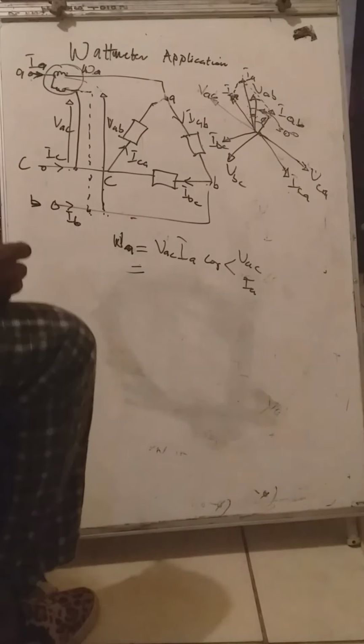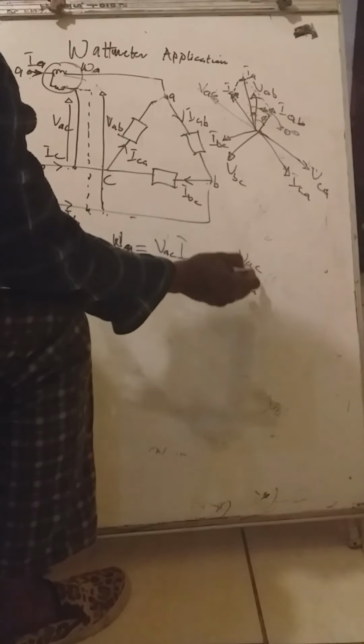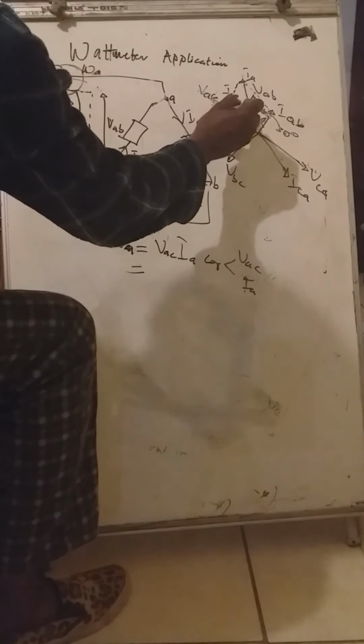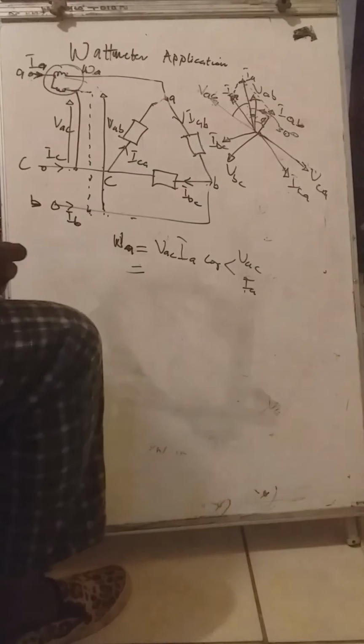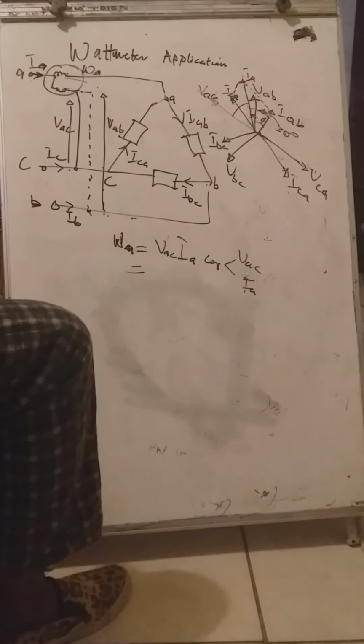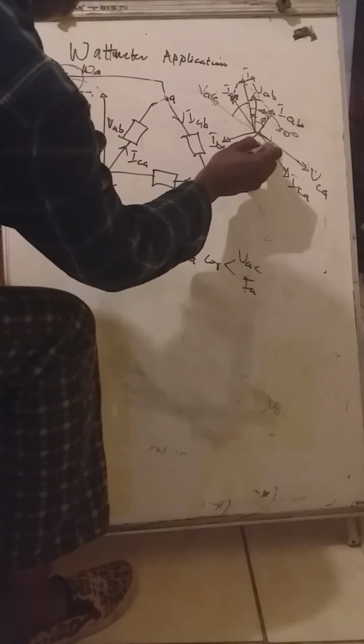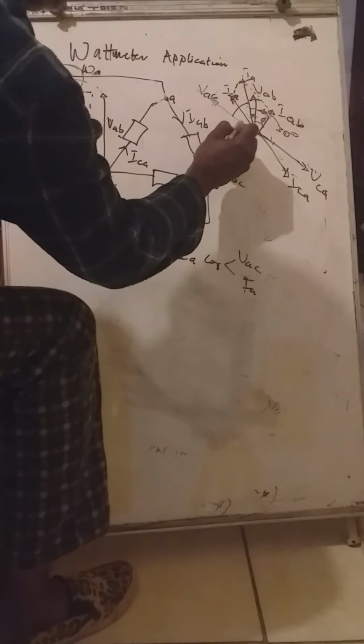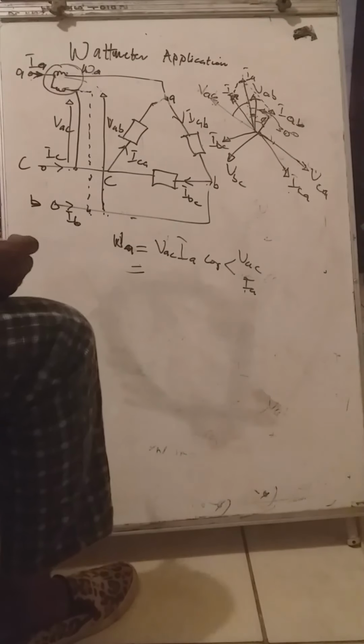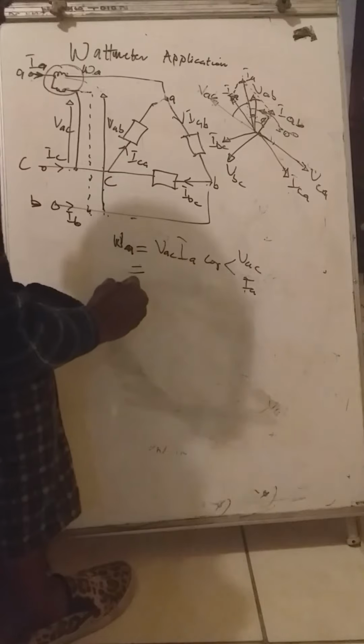Now we want to determine the angle between VAC and IA. This is VAC and this is IA. To determine this angle, we know that from VCA to VAC is 180 degrees.